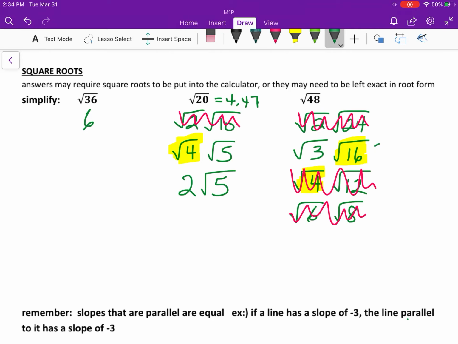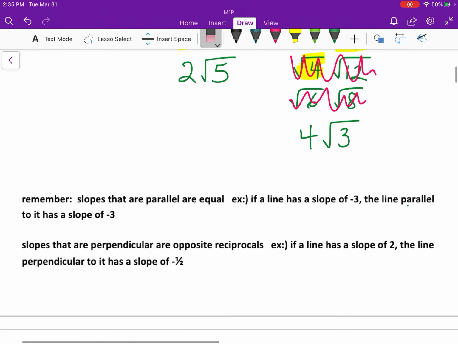Now, you should know that the root of 16 is 4. Finish the answer by writing the plain number first, 4, and the root after, and the root of 48 is really 4 root 3. So it's pretty simple on how you want to do simplification of roots. Good. You know me with this.